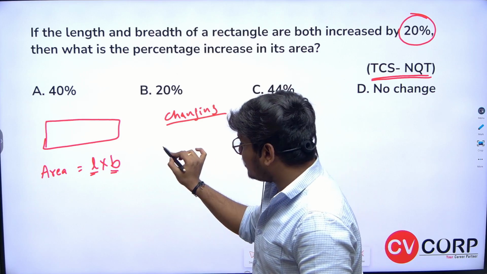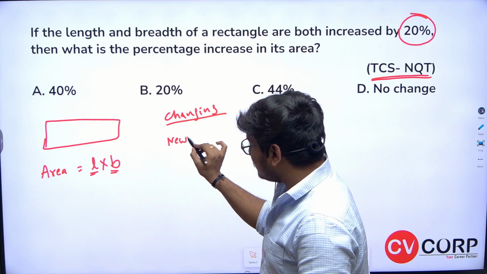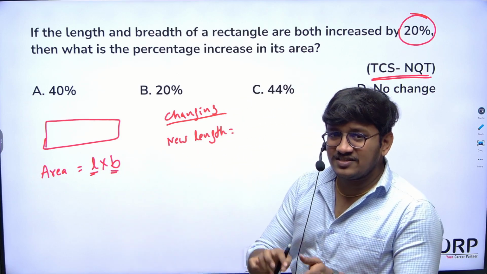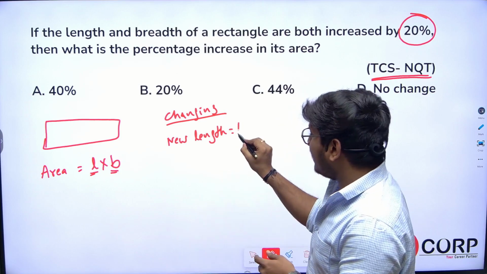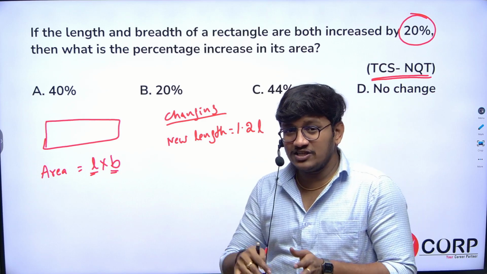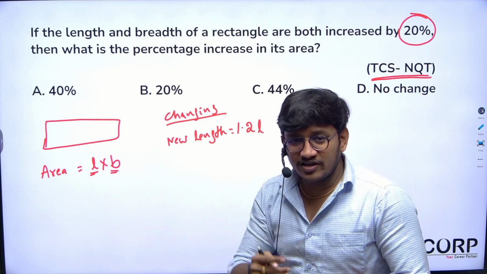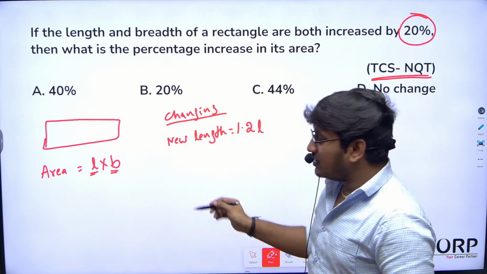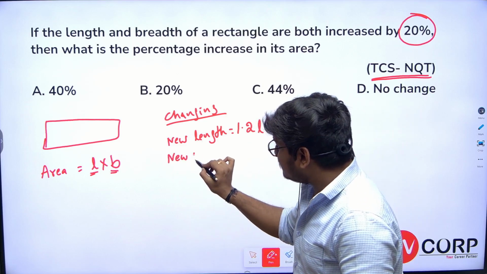Initially the length is L. Now when length is increased by 20%, can I write it as 1.2 times L? Because 1.2 means 20% got increased. As I said, increase is like profit only, right? So 1.2.